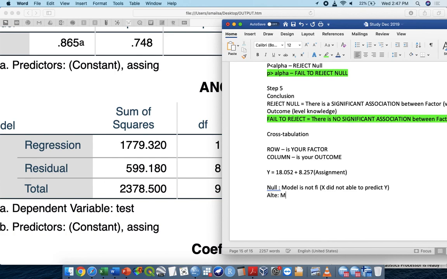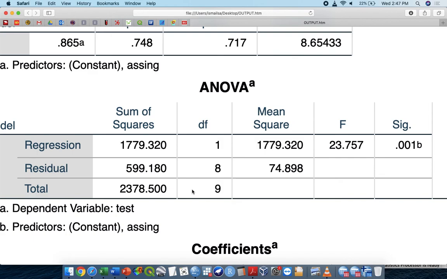Your alternative will be the model is fit. So in this case, do you reject the null or fail to reject the null? You reject the null, correct. If you reject the null, this is what is left behind, and you will say that the model is fit, the factor X is able to predict the Y.